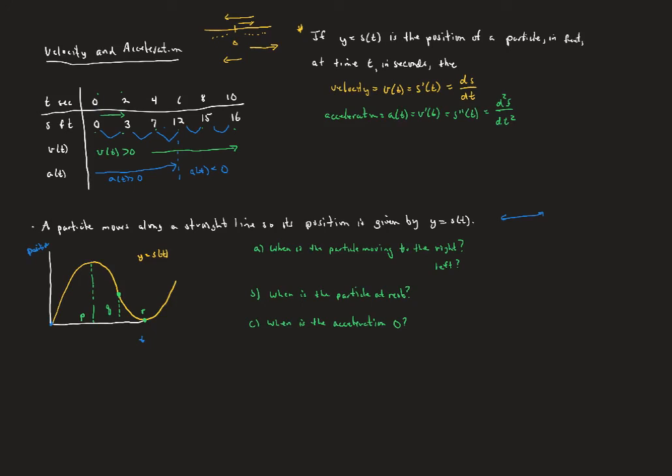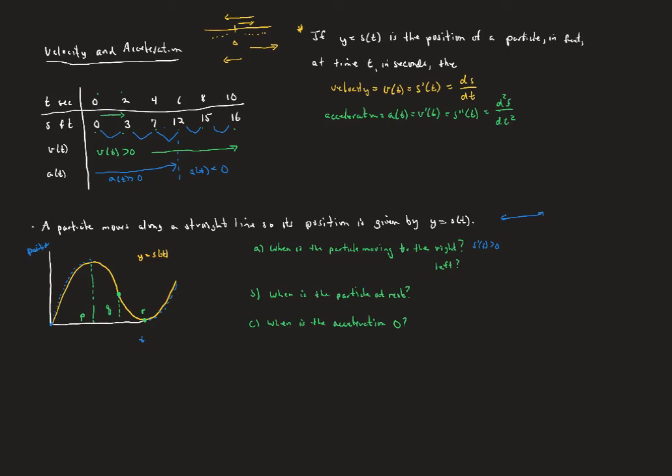So the first question, A, is when is the particle moving to the right? That is going to be when its derivative is positive, and when we look at the graph, we can see that its derivative will be positive when the graph is rising from left to right. So there are going to be a couple of those regions. Remember, moving right means, in this case, not including the endpoint.